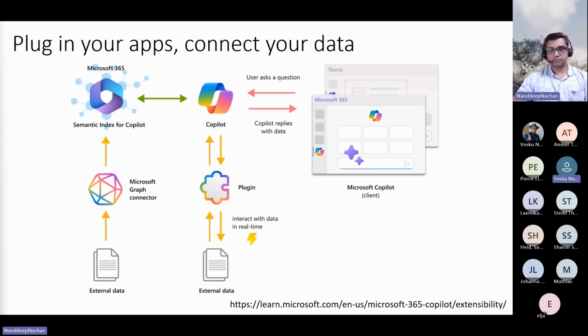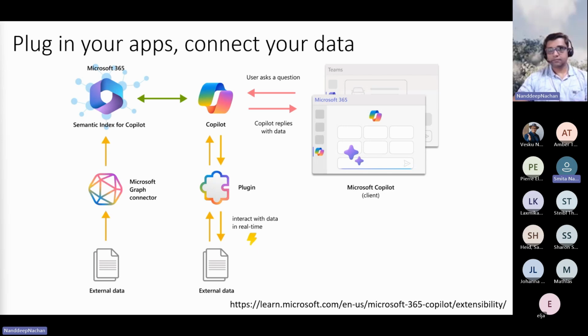You can build plugins by building a Microsoft Teams message extension or a Power Platform connector. So if you already have a message extension or Power Platform connector, then you already have the foundation to create a plugin for Copilot.